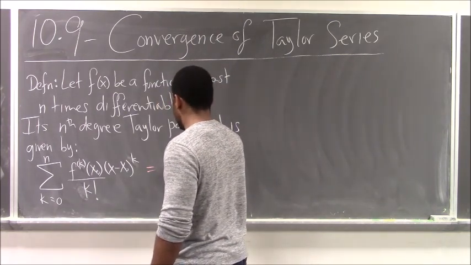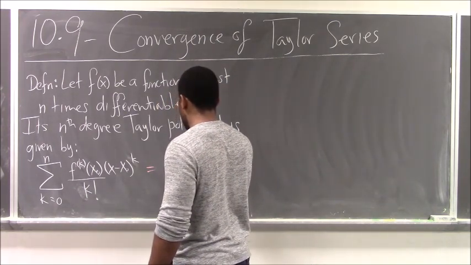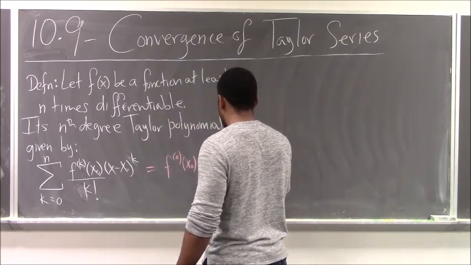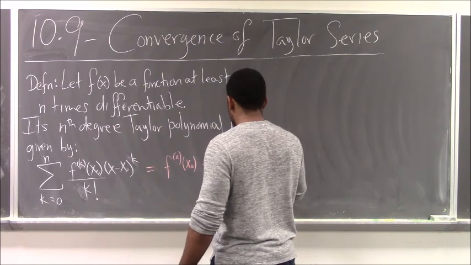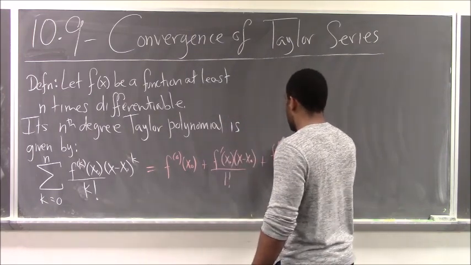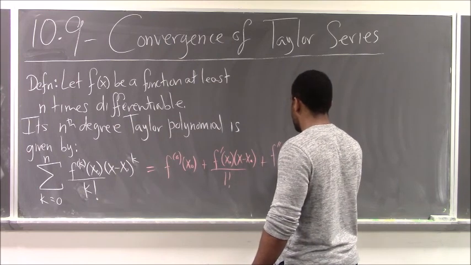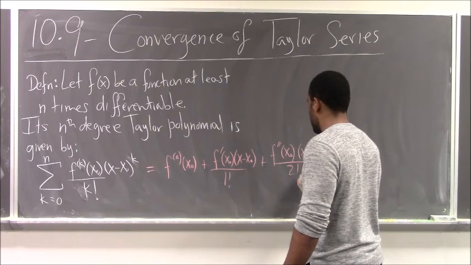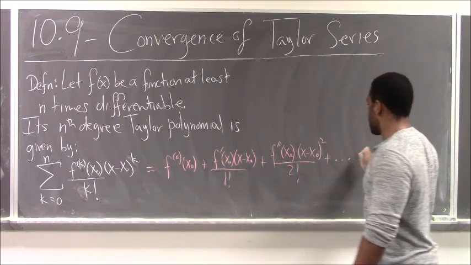So this looks like f evaluated at x naught, plus f prime at x naught times x minus x naught over 1 factorial, plus f double prime at x naught times x minus x naught squared over 2 factorial, plus dot dot dot.